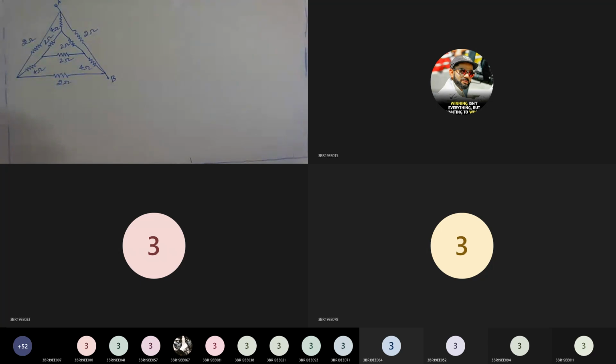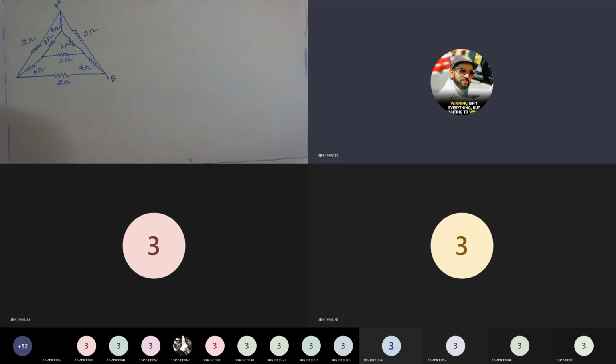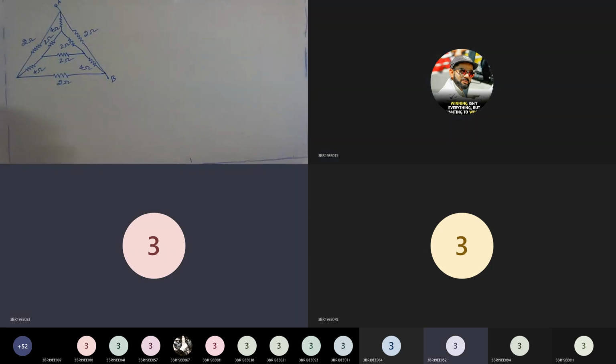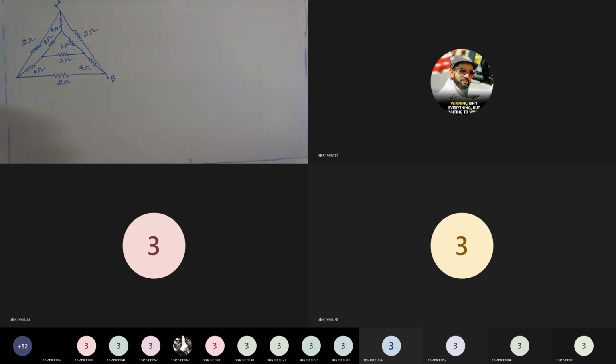Those 2 ohm resistors inside form a delta combination. And one more delta network I can identify, that is the outer one, 2 ohm, 2 ohm, and 2 ohm. That also forms a delta network. Correct, right?